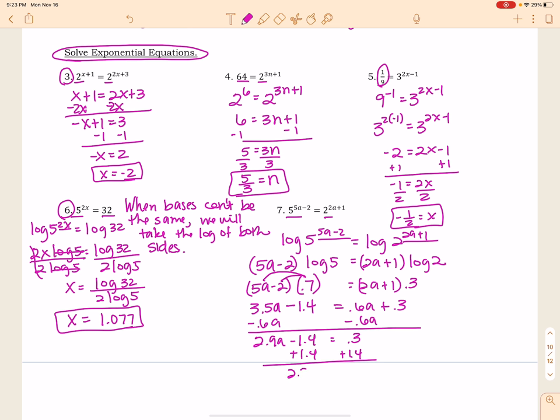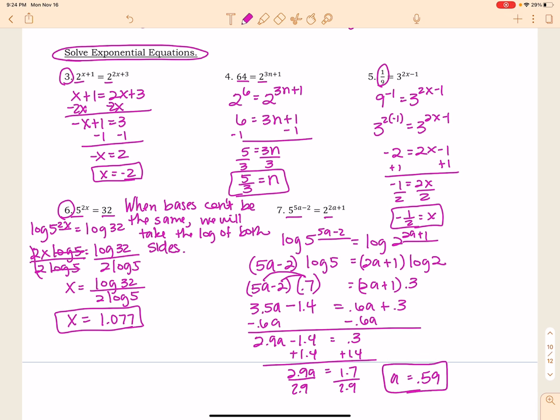So I get 2.9a equals 1.7. And then I am just going to divide both sides by 2.9. So 1.7 divided by 2.9 is equal to 0.59.